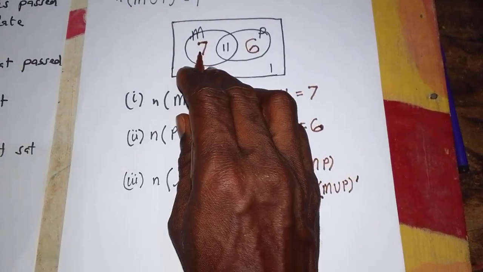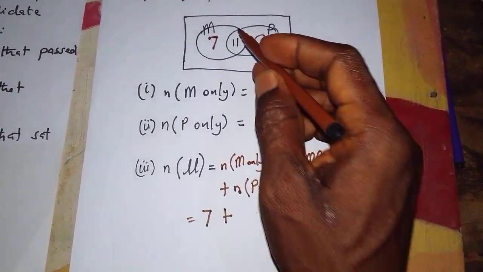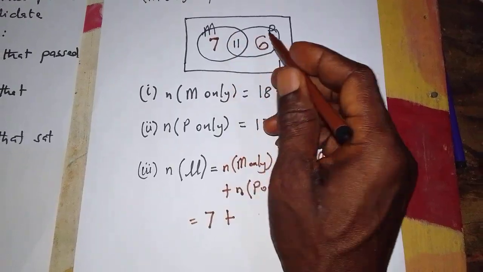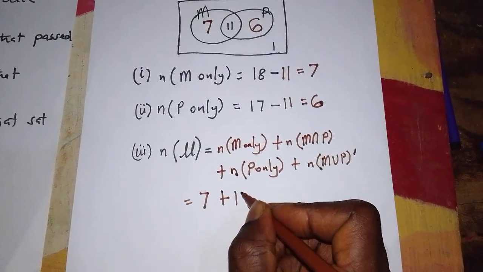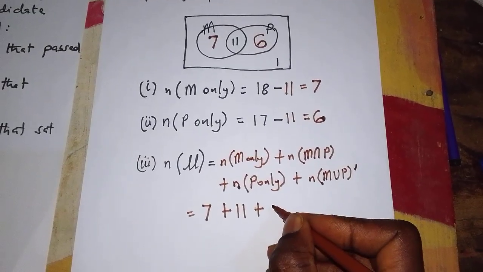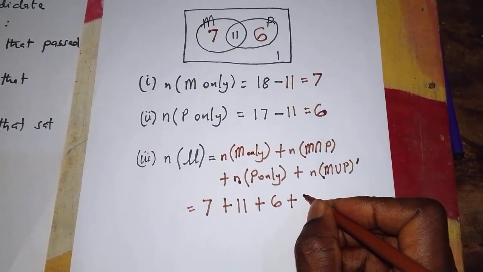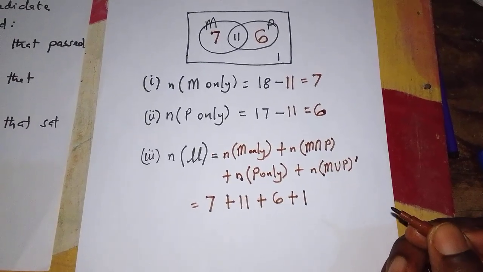So we have 7 students passing mathematics only, plus 11 students passing both mathematics and physics, plus 6 students passing physics only, plus only 1 student that did not pass any of the two subjects.